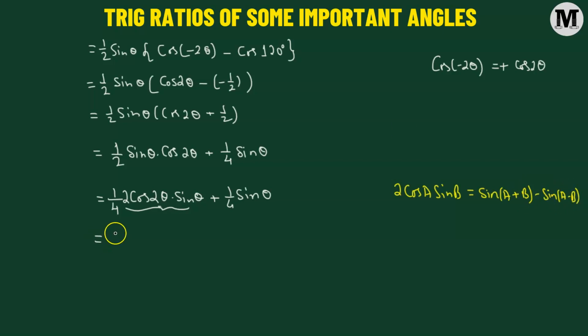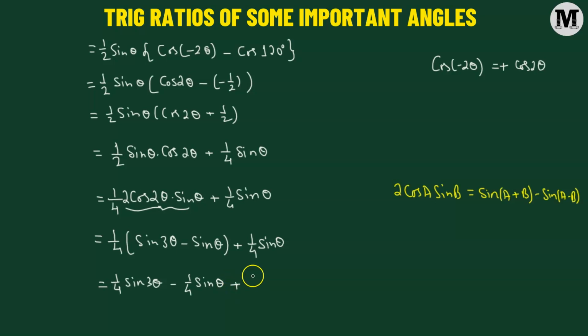Fine. So we will get 1/4 multiplied to, let's apply the formula, sine of A plus B, meaning 2 theta added to theta, giving us 3 theta, minus sine of angle A minus B, so 2 theta minus theta, that's simply theta, added to 1/4 times sine theta. So we get 1/4 times sine of angle 3 theta minus 1/4 times sine of angle theta added to 1/4 times sine of angle theta.